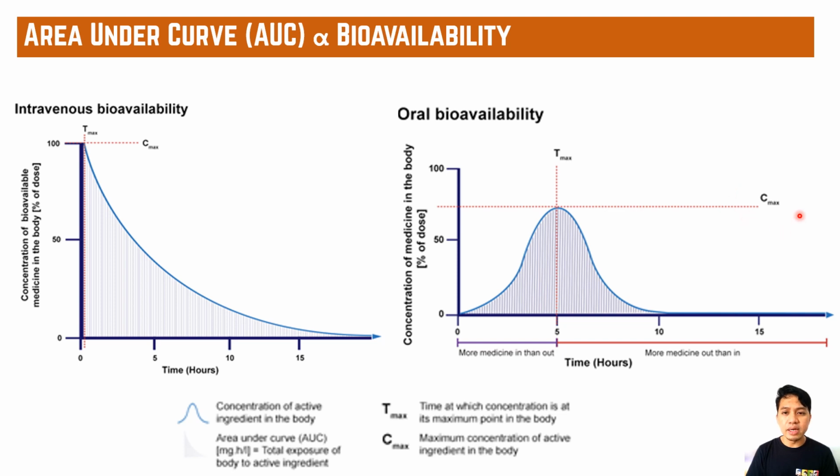As you can see, the Cmax of oral drugs is much lower compared to the IV route. It is because not all the drugs can be absorbed. Besides, some of them are metabolized by hepatic or intestinal enzymes or any metabolizing enzyme present in other organs or tissues. Tmax represents the time taken to achieve the maximum concentration of the drug.